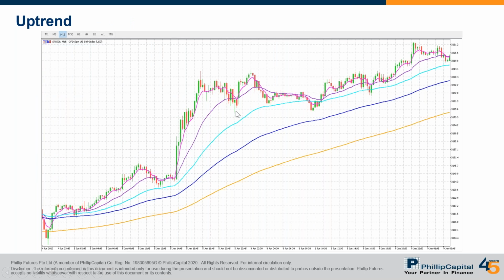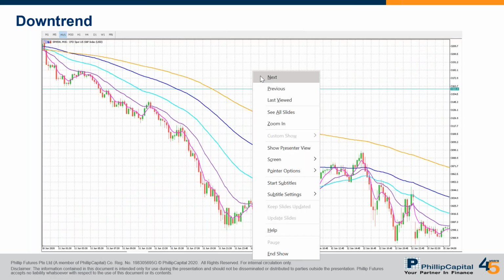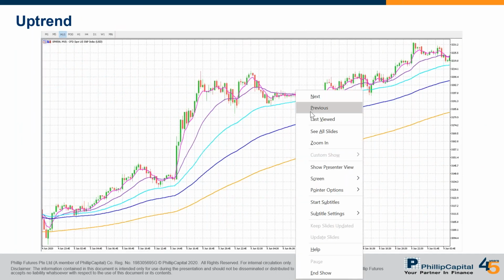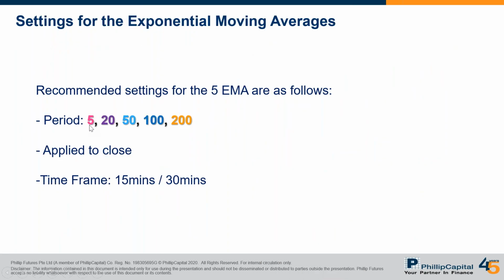So 5 means that the last point of these moving average lines will be using the previous 5 candles to calculate the average. So when we say 5, it means it's using 5 candles to calculate the average price. 20 candles, and so on. Applied to close.